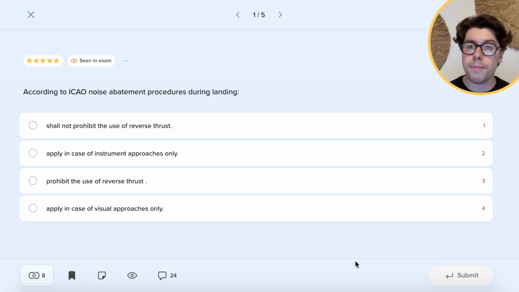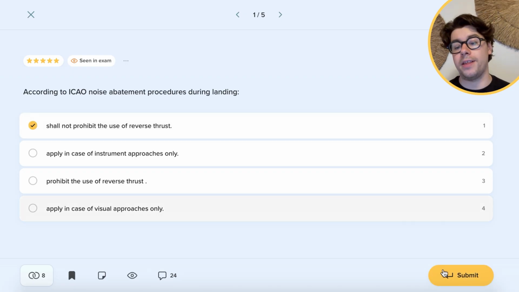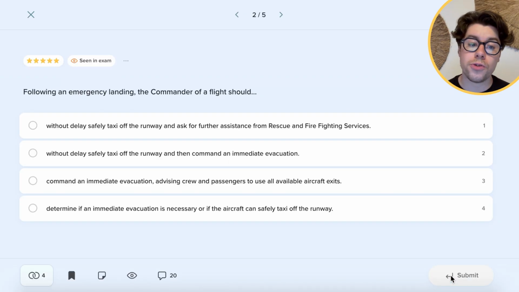When it comes to landing, most airports will restrict the use of reverse thrust to idle reverse, because legally no noise abatement procedure can restrict the use of reverse thrust as a whole. However, remember that these procedures never apply if the runway is contaminated or wet. In these cases, you can always use full reverse, or if the safety requires you to do so.